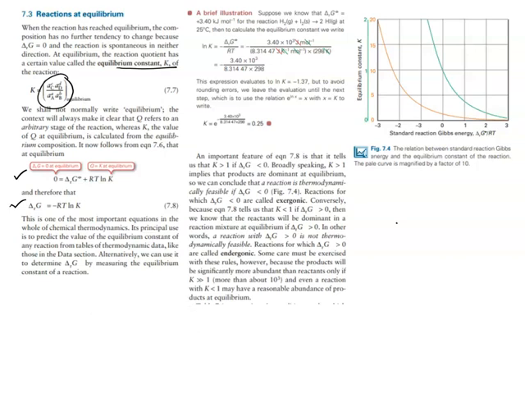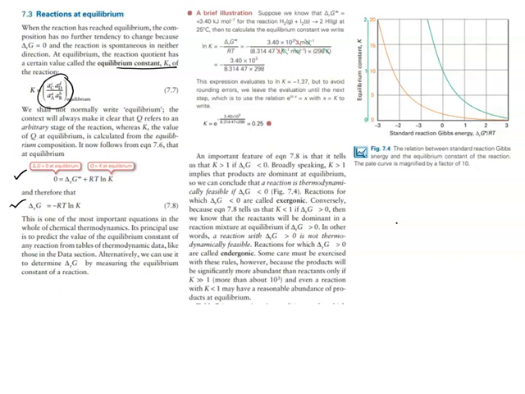So, an important feature of this equation, 7.8, is that it tells us that if K is greater than 1, then delta G is less than 0, or is negative. Broadly speaking, if K is greater than 1, that implies that products are dominant at equilibrium. So we can conclude that a reaction is thermodynamically feasible if delta G is less than 0. Reactions for which delta G is less than 0 are called exergonic.